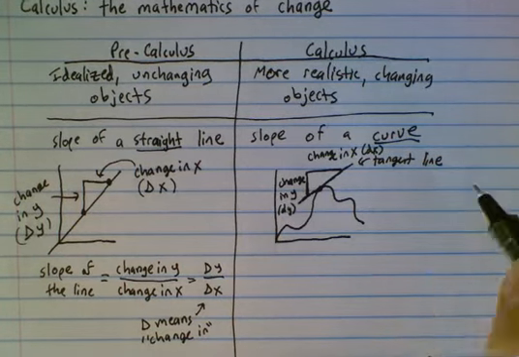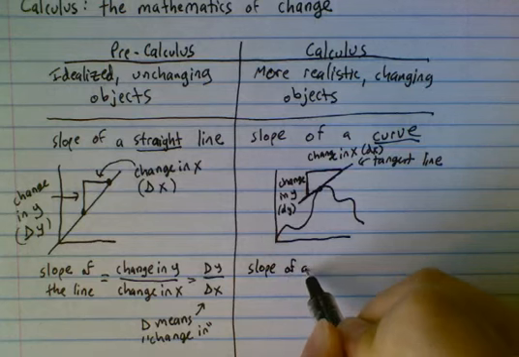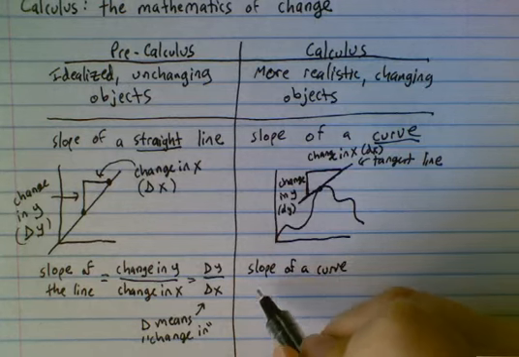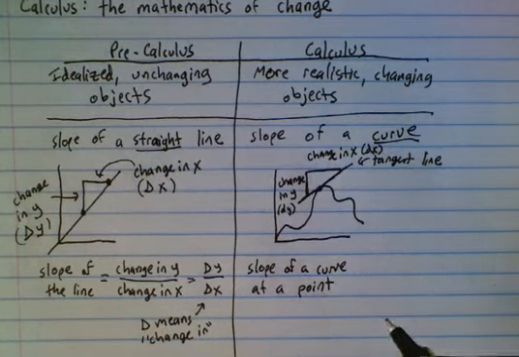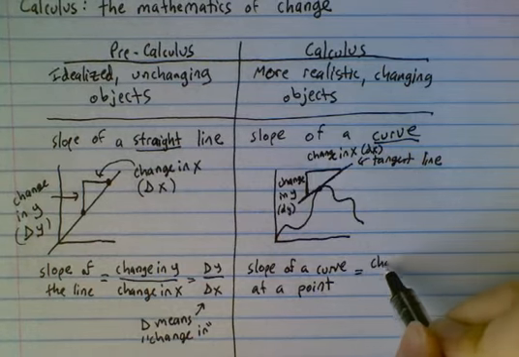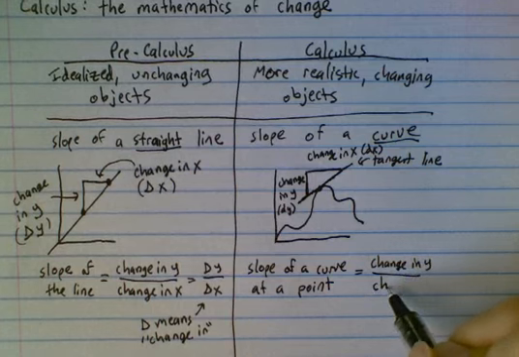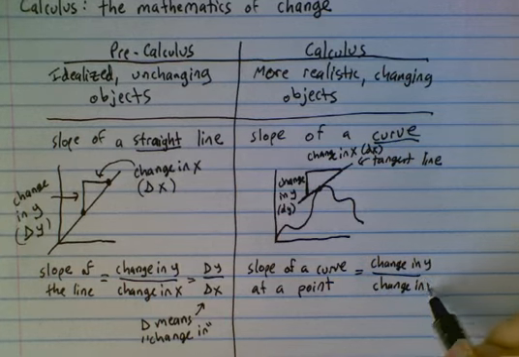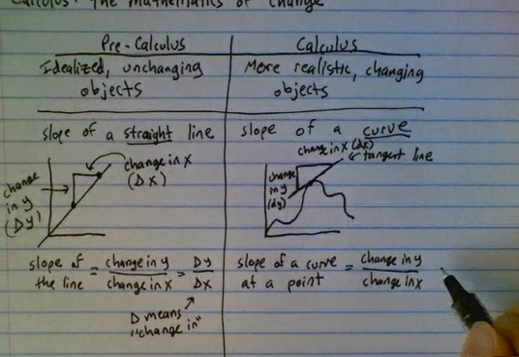And so when we're looking for the slope of a curve at a particular point, it's still change in y over change in x, but it's now the changes in the tangent line.